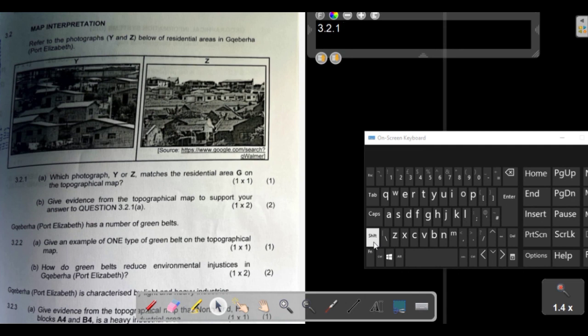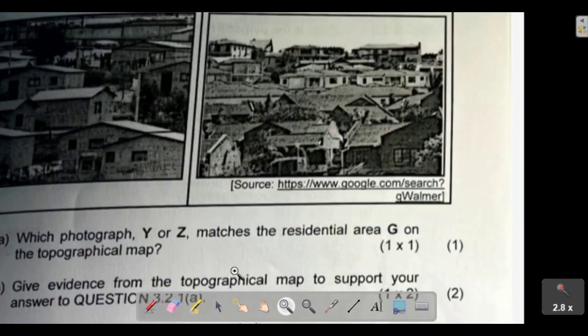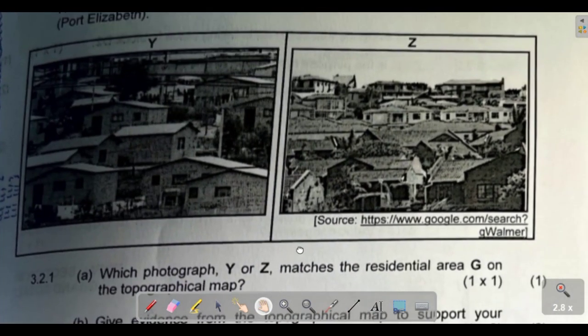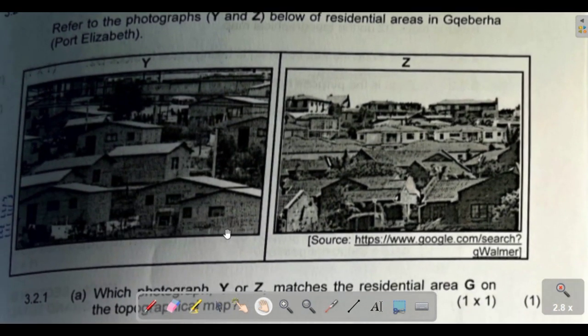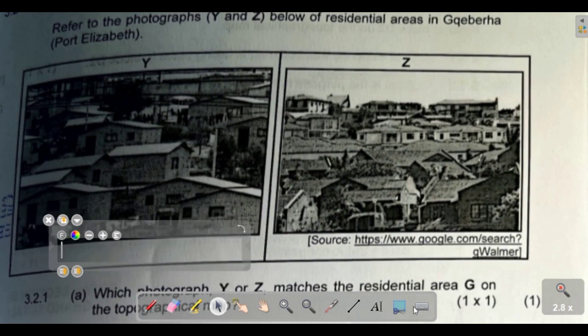So they say refer to the photographs Y and Z below of residential areas in Gqeberha, Port Elizabeth. So what do we have here? These are two photographs, and we can definitely see, guys, that on the left hand side, which is Y, this should be your low income residential area.